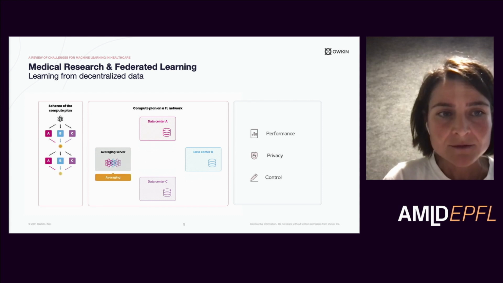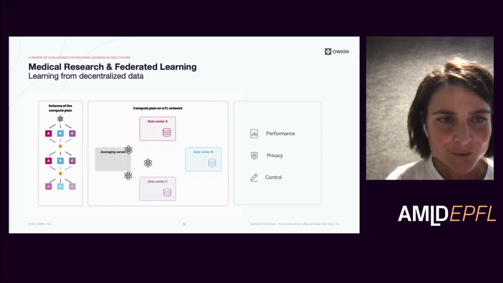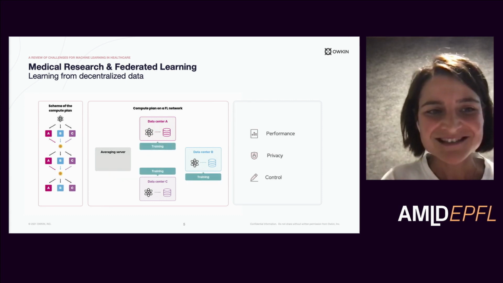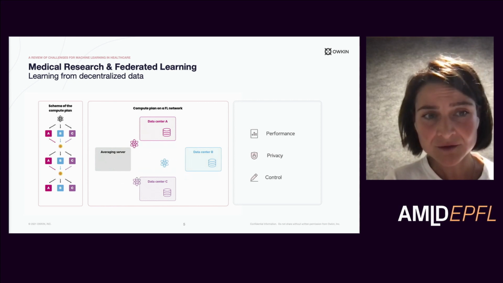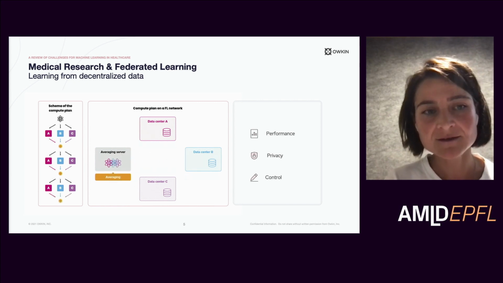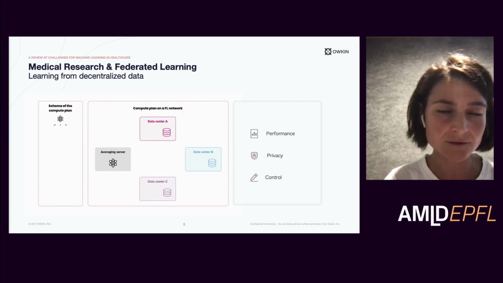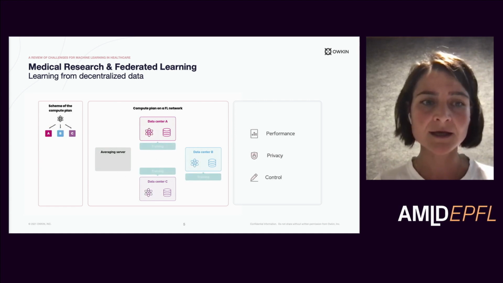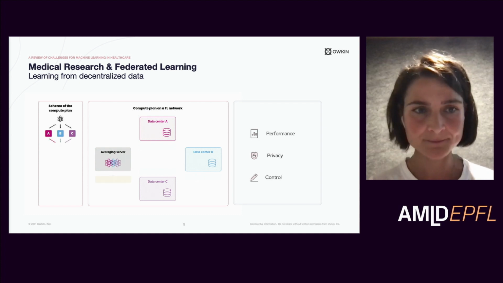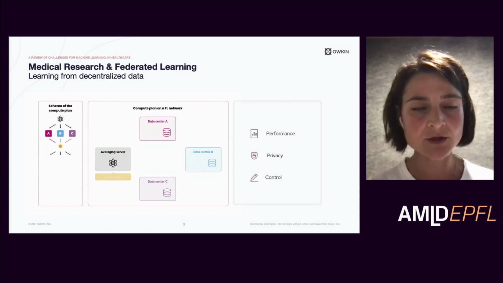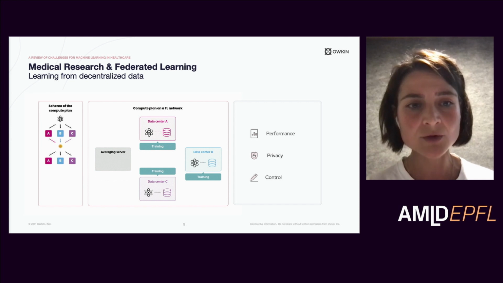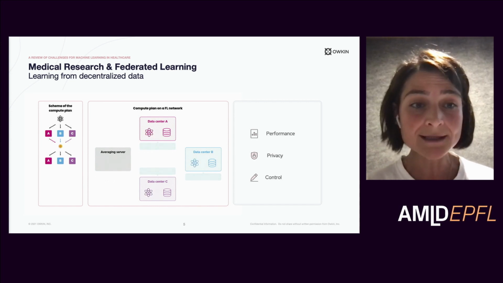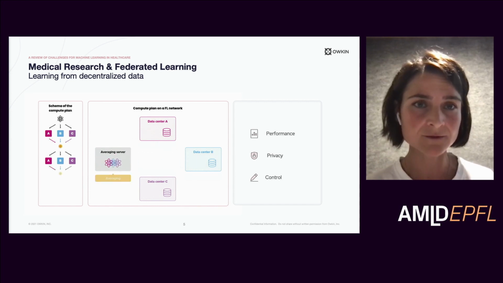And you want to train the machine learning model, which is represented with this type of atom, and which goes to the different centers, is trained on the data, and then sent back to another server, which is called here the averaging server, in order to be aggregated. We repeat this operation many, many times in order to train the machine learning model while keeping the data stored in the different centers.